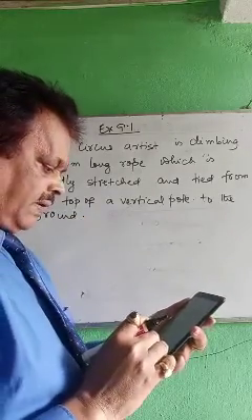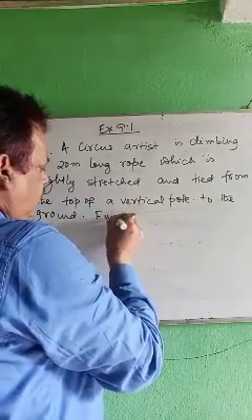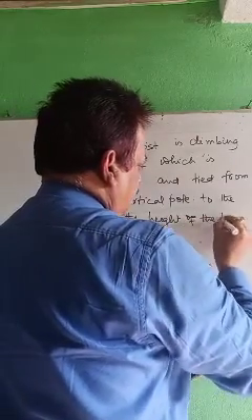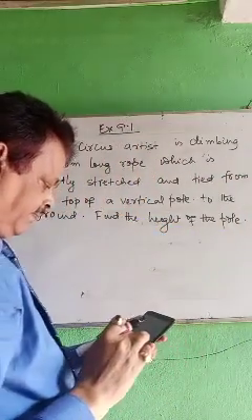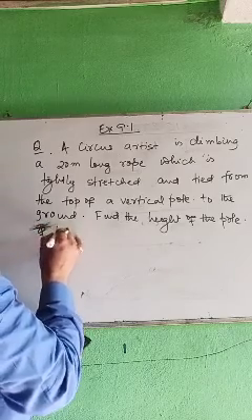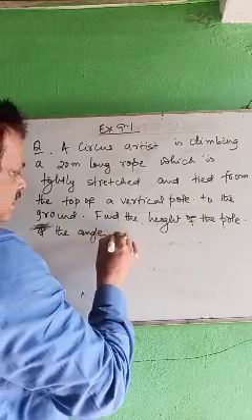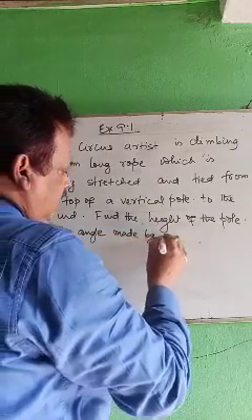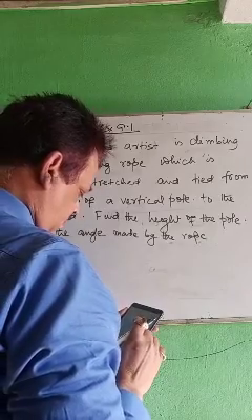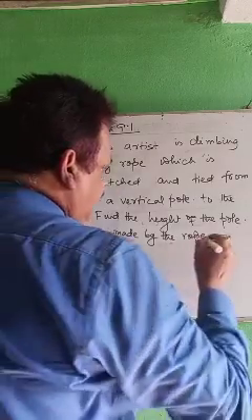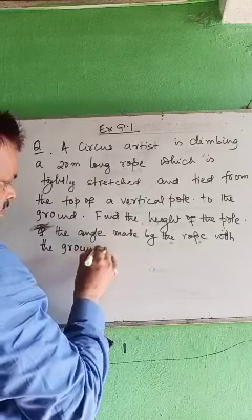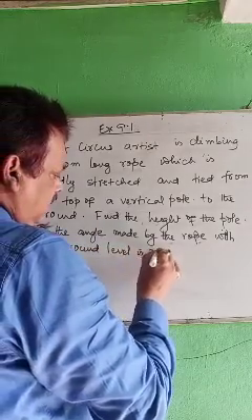Find the height of the pole, if the angle made by the rope with the ground level is 30 degrees.